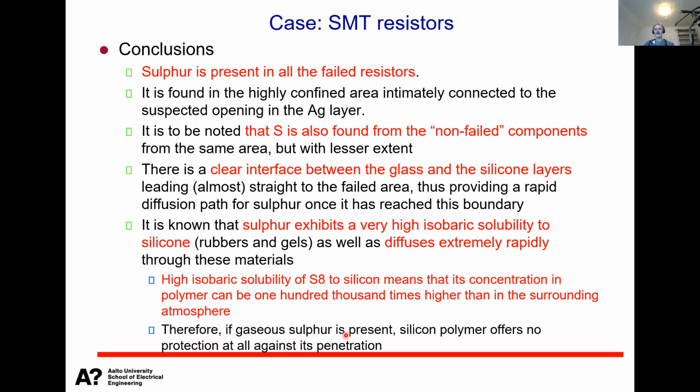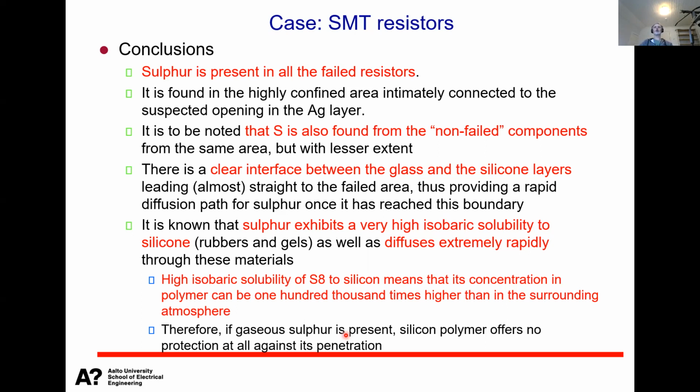So it's quite clear that the actual mechanism was a reaction between silver and sulfur and formation of silver sulfide. We also noticed poor adhesion between the glass passivation and the silicone conformal coating, which means that there's a direct path for moisture and sulfur to penetrate.